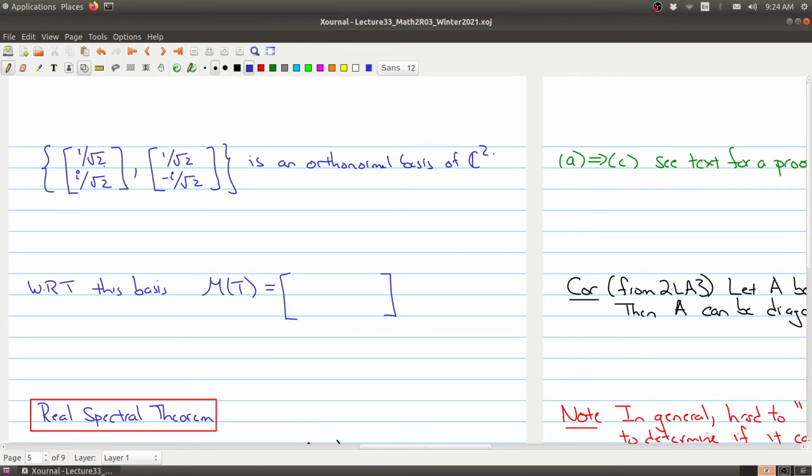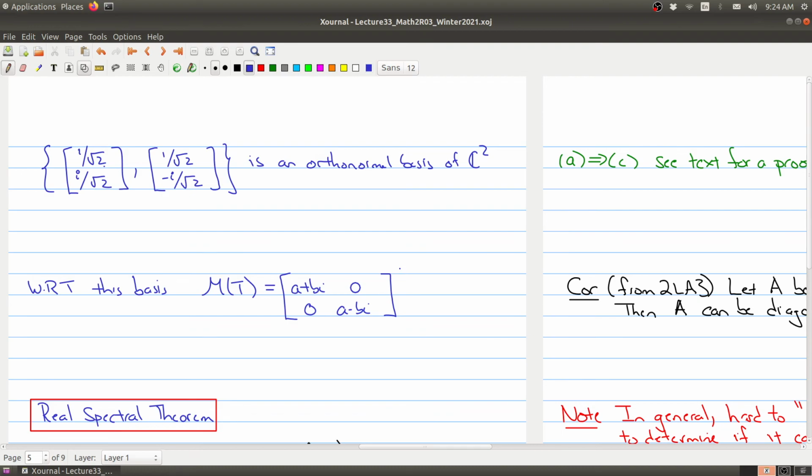With respect to this basis, the matrix associated to T is A plus Bi, 0, 0, A minus Bi. And there is the diagonal matrix that we knew we could find according to the complex spectral theorem.